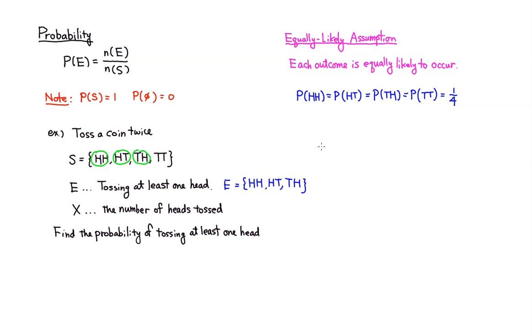Since we already introduced the random variable, I'm going to define the random variable X as the number of heads tossed, so it counts the number of heads.